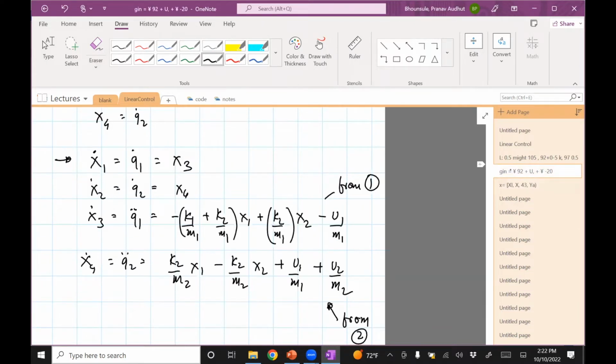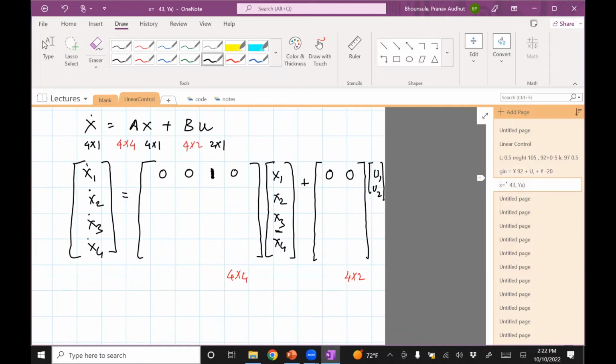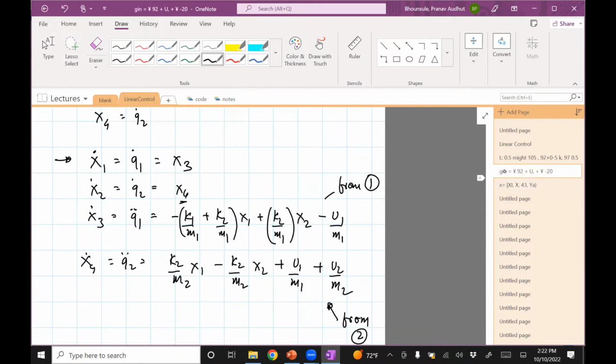Next, we look at the second row, second equation, which says x2 dot equals x4. So x4 is here, so it will be 1, and then everything else will be 0. Okay. Then we have this term which multiplies the x1, this term which multiplies the x2, and then note that x3 dot and x4 dot are 0.